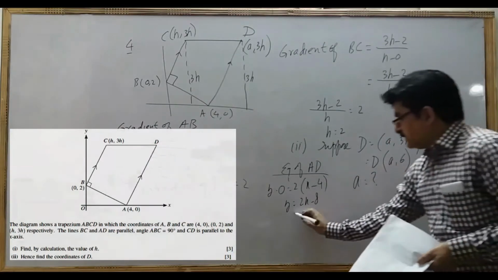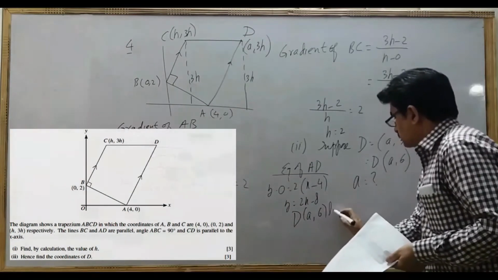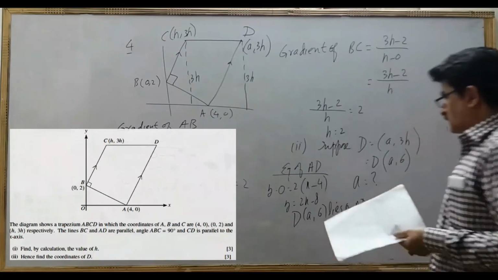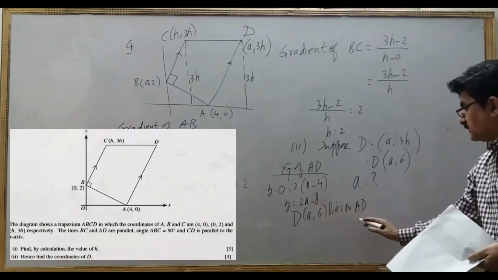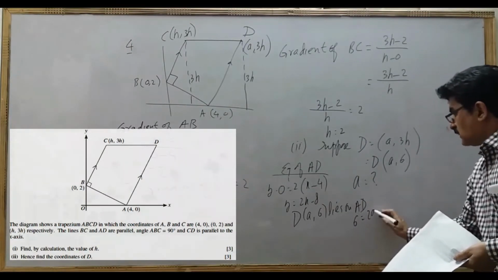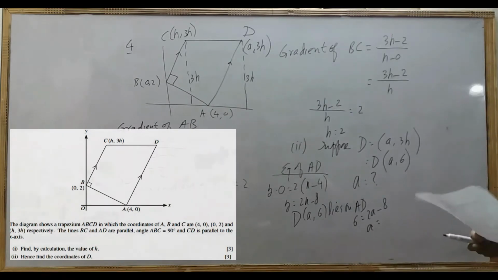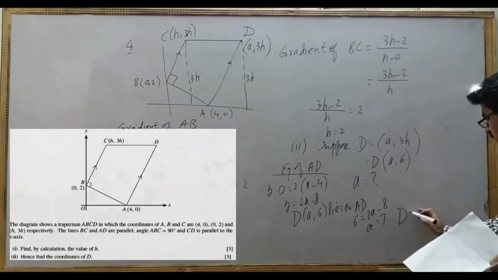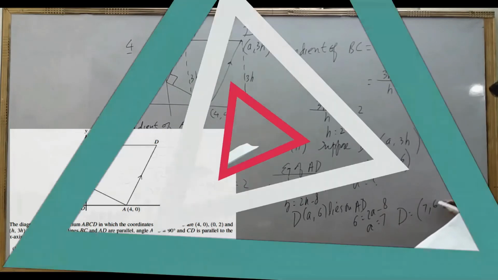Now the D point, which is a, 6, lies on the AD line, so you can substitute this point into this line. So 6 is equal to 2a minus 8. From here you will get the value of a to be 7. So the coordinates of D are 7 and 6.